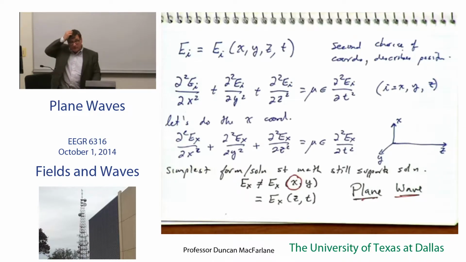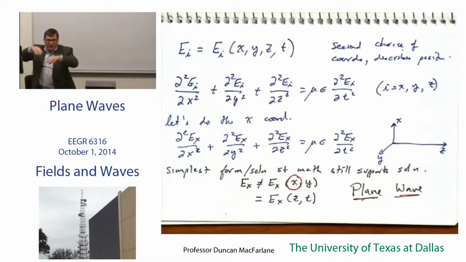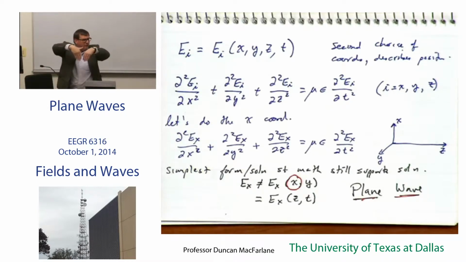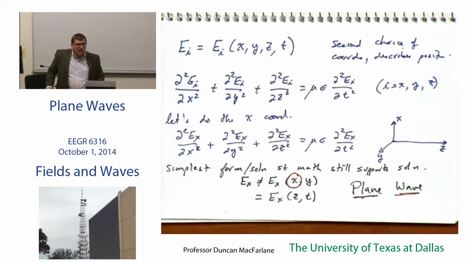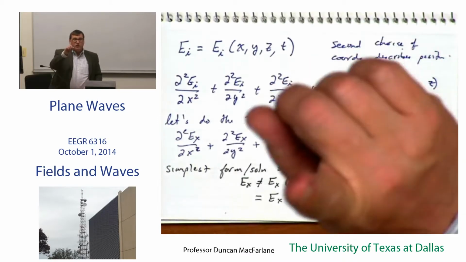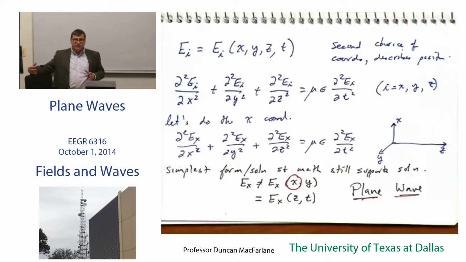Okay. And in fact, what I can do is I can have one solution here, and then if I move over here, I'll have another solution going over here. So by using superposition, I can actually shape my phase fronts to model a much more realistic picture. One of the points that I'd like to get across to you is that what we're doing with the plane wave solution is finding one term of a Fourier series.